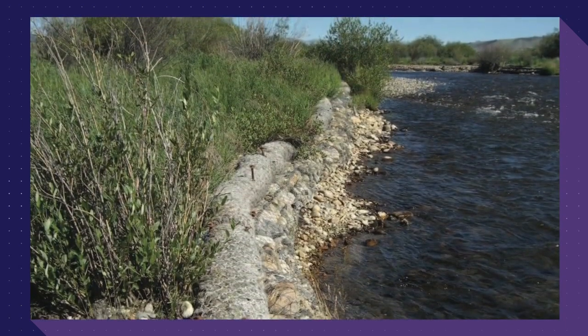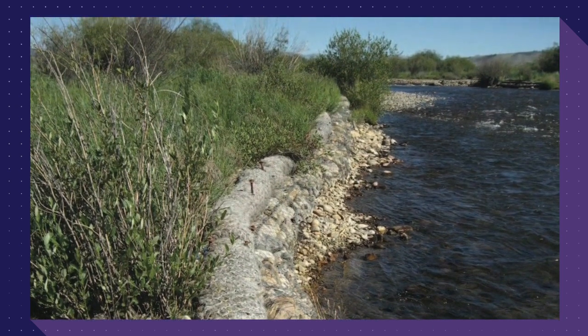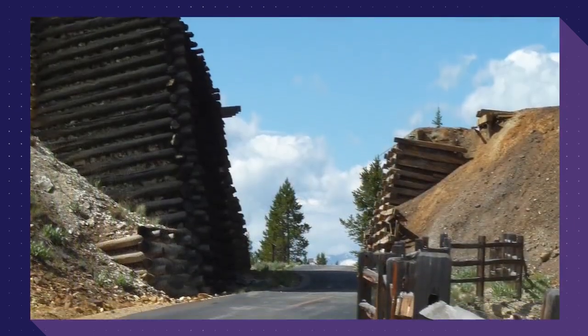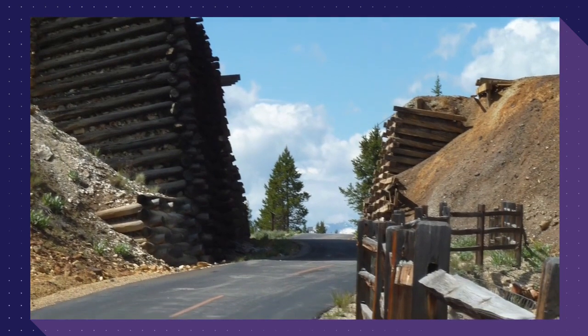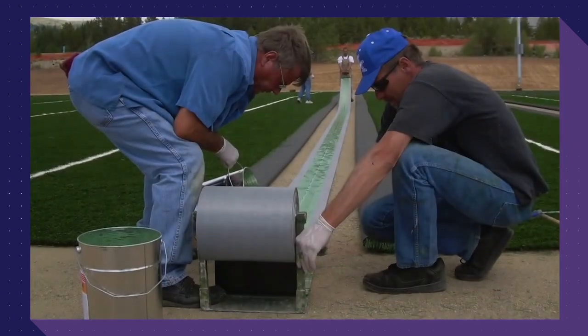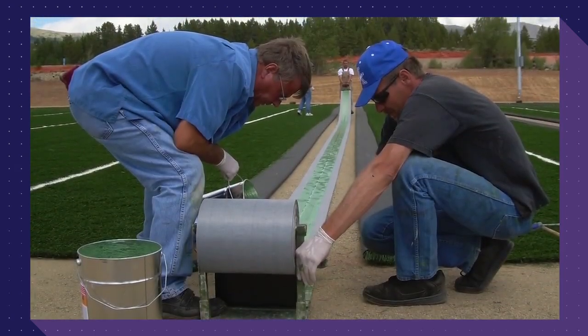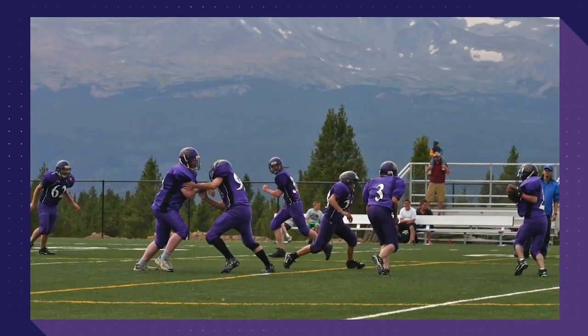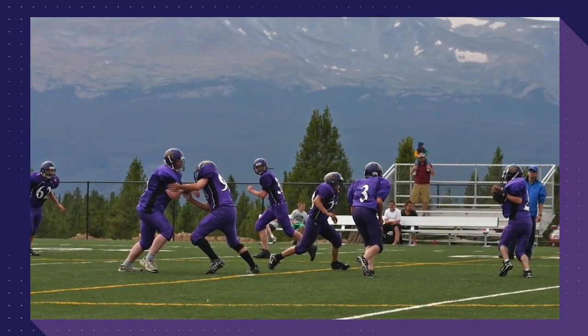Cleanup activities have made large portions of the site safe for reuse, allowing Leadville to reimagine its future. The community came together to transform a portion of the site into a recreational sports complex, amenities the community had never had before.